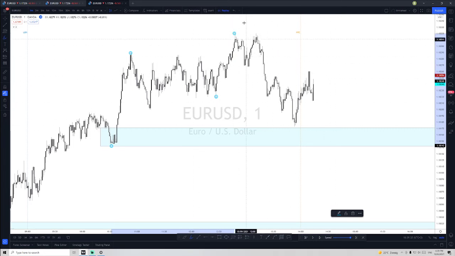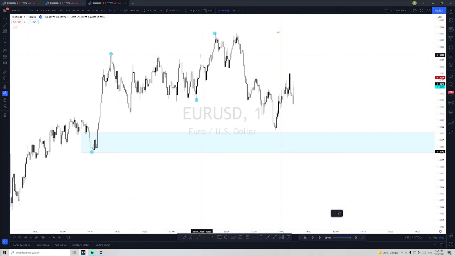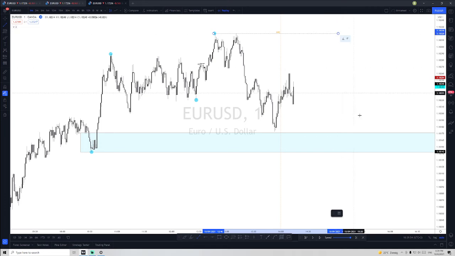Alright, perfect. Then we have the inner structure. Inner structure broke. Demand point. Demand point. Order flow point broke. Okay, but what do we have else sitting over there? Some highs.